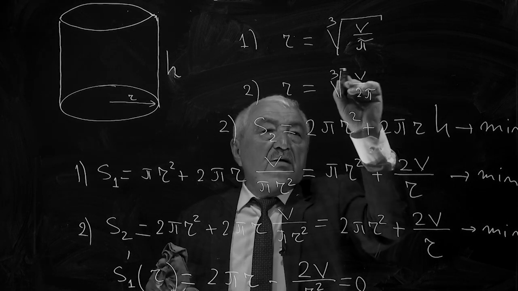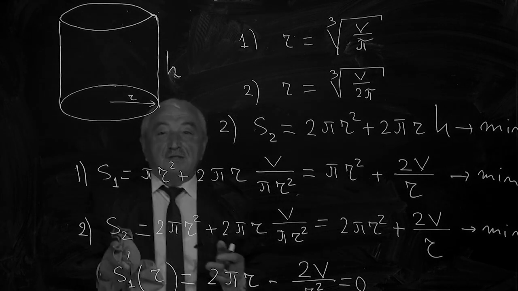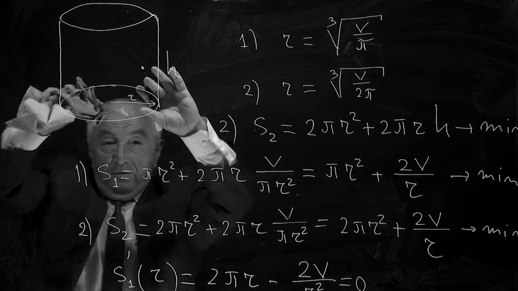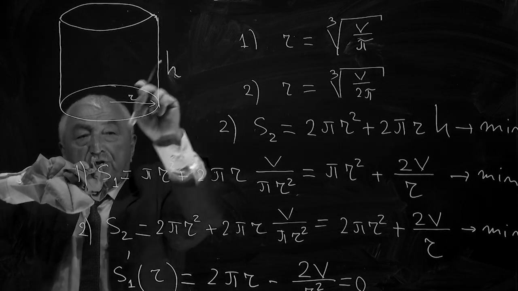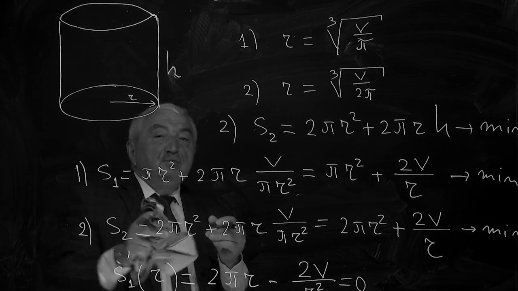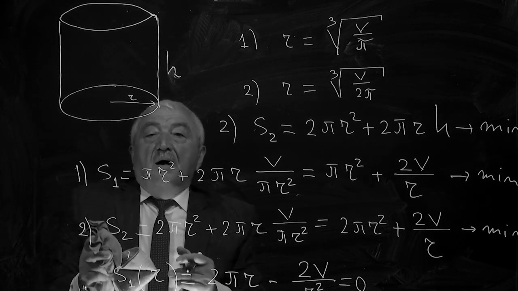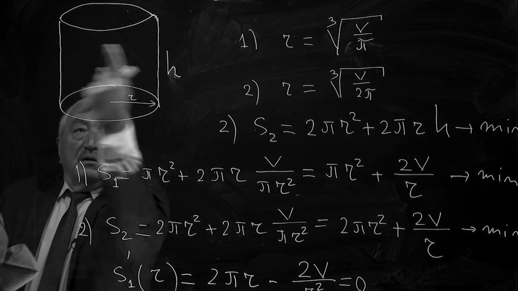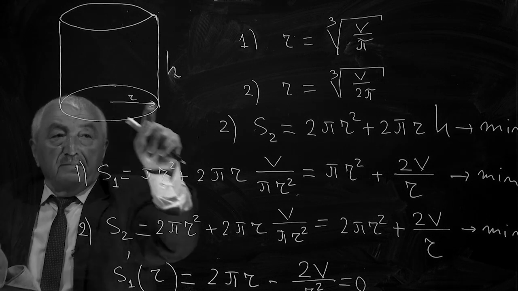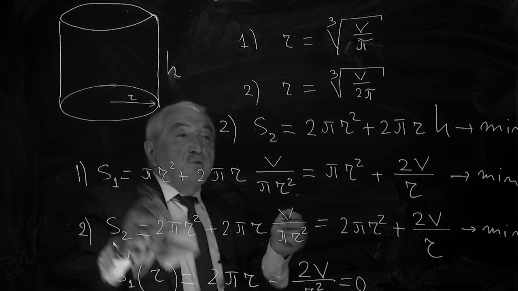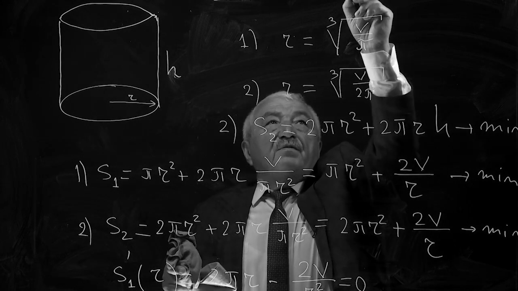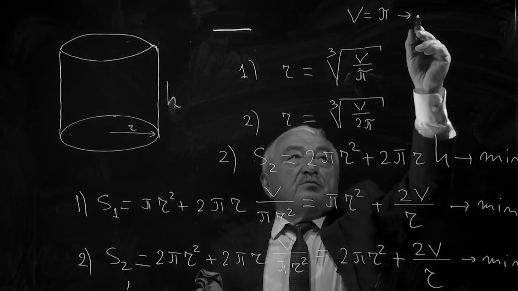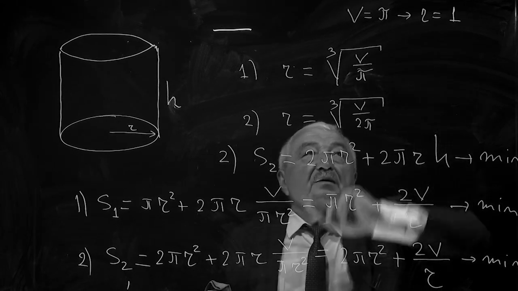It is a very interesting situation. Let's consider what the optimal construction is in the first case. What kind of relation between H and R gives the minimum value of surface? Surface means pi R to the second power plus 2 pi R multiplied by H. For example, if V is equal to pi, here, according to this formula, R is equal to 1.